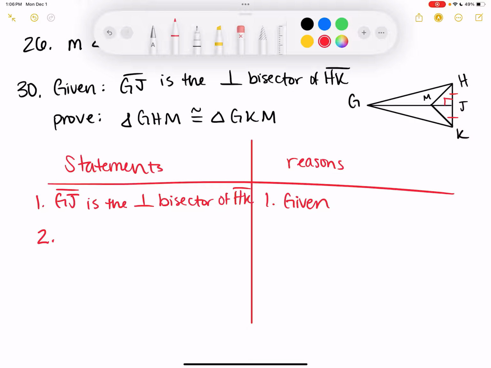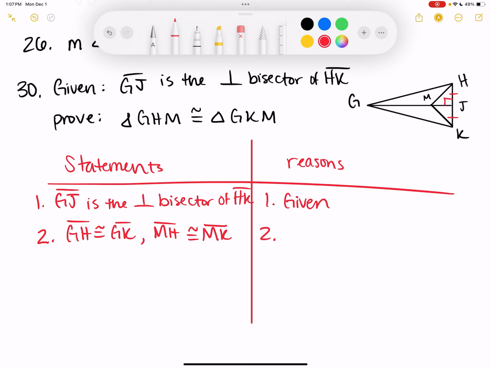And what else in my diagram do I know also has to be congruent besides these two things that are marked, and then these two sides that y'all just told me are congruent? Yeah, MH and MK. I'm going to get to the GM, whoever said that, in just a second. I want the two things that are for the same reason. So GH is congruent to GK, and MH is congruent to MK.